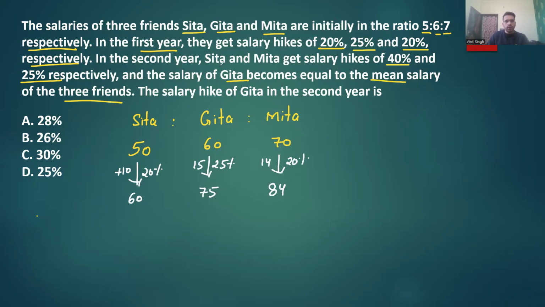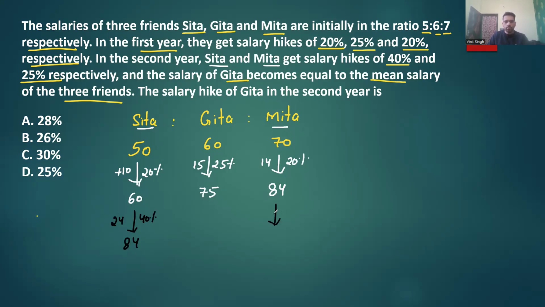In the second year, Sita and Meeta have a salary hike of 40% and 25%. Sita gets a hike of 40%. 40% of 60 is equal to 24, so it is 84.